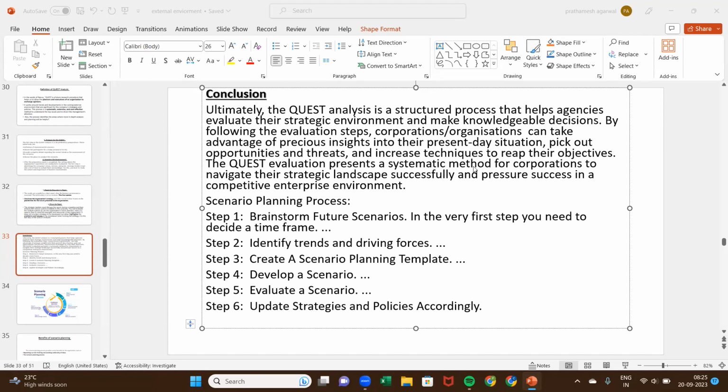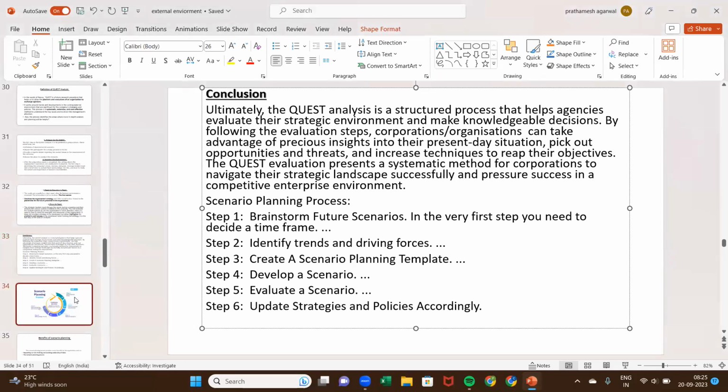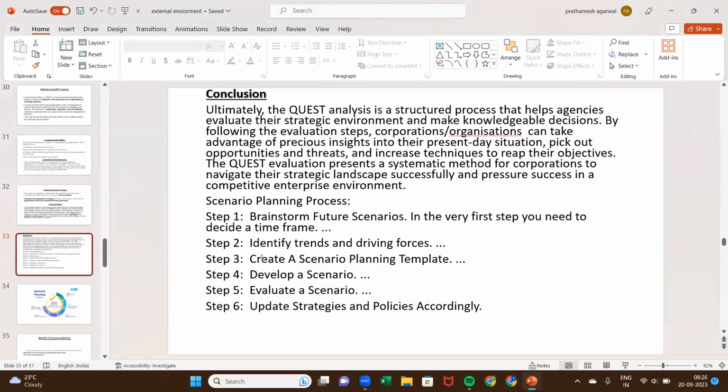Now, scenario planning process. What is the scenario planning process?